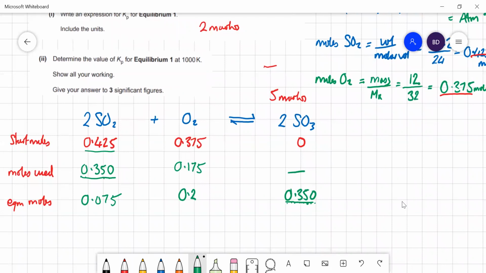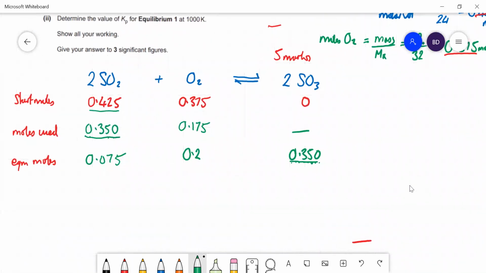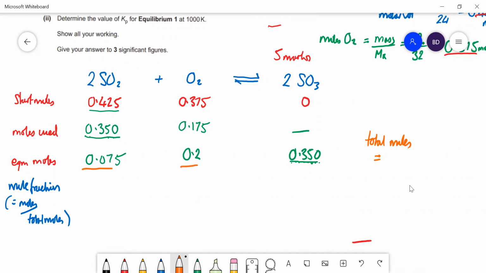Now we need to work out the mole fraction, so I'll write that down here. Mole fraction is of course equal to the moles over the total moles. So we need to work out the total moles. Total moles of gas is going to be equal to that, plus that, plus that, which gives us 0.625 moles.